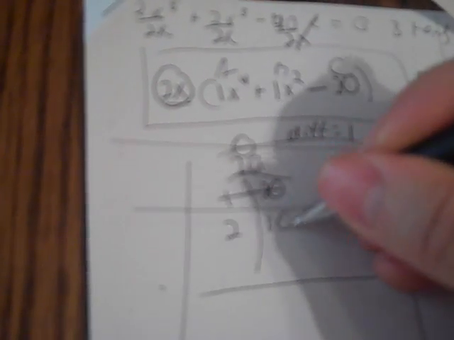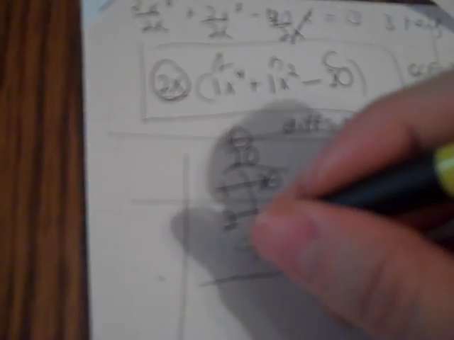Okay, ABC. And again, A times C. So A is 1 times negative 20. That's negative 20, so difference of 1. 1 and 20, nope. 2 and 10, nope. 3 is a decimal, 4 and 5, yes.